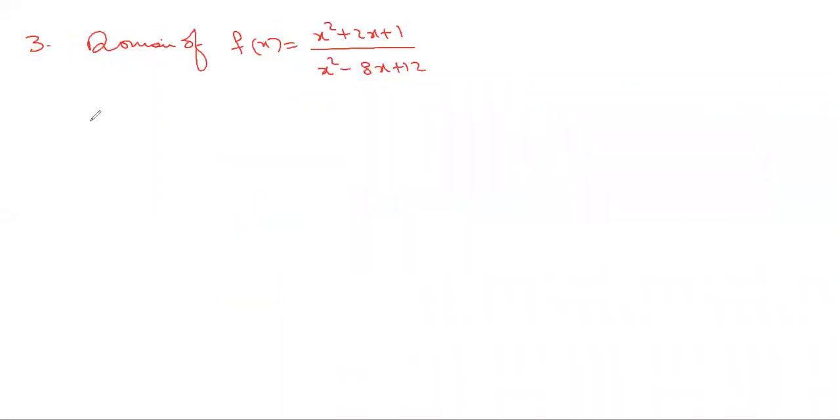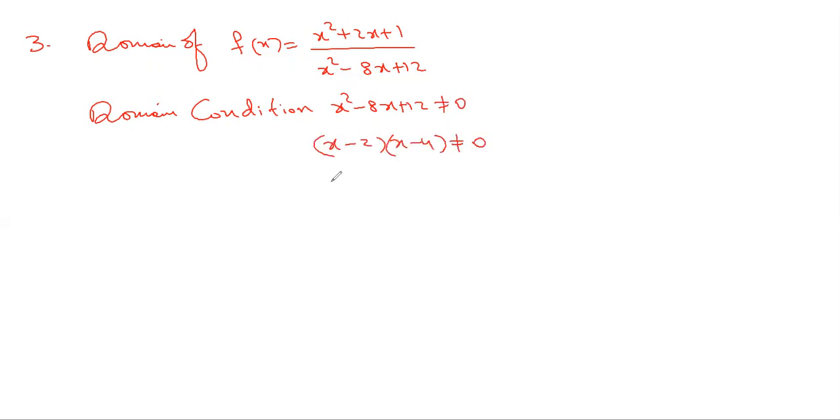Find the domain of this. We did a similar problem already in the examples. The domain condition is x square minus 8x plus 12 is not equal to 0. So x minus 2 into x minus 4 is not equal to 0. x is not equal to 2, x is not equal to 4.